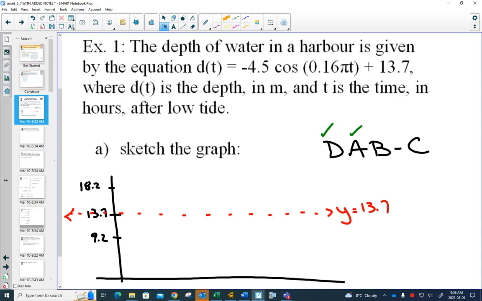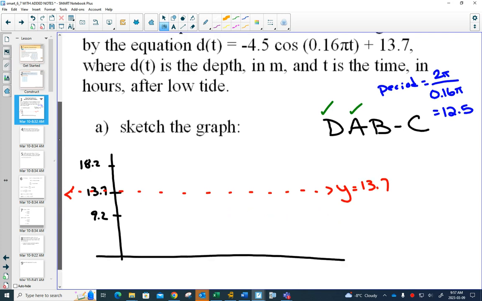Next is our period. Our period is always going to be 2 pi divided by our B value, and our B value is 0.16 pi. So I type that into my calculator, and I get 12.5.